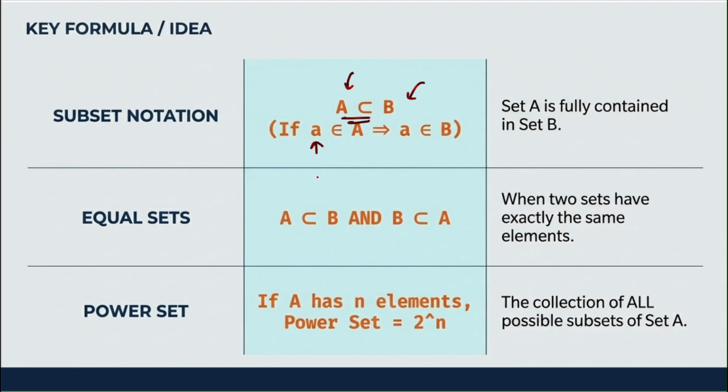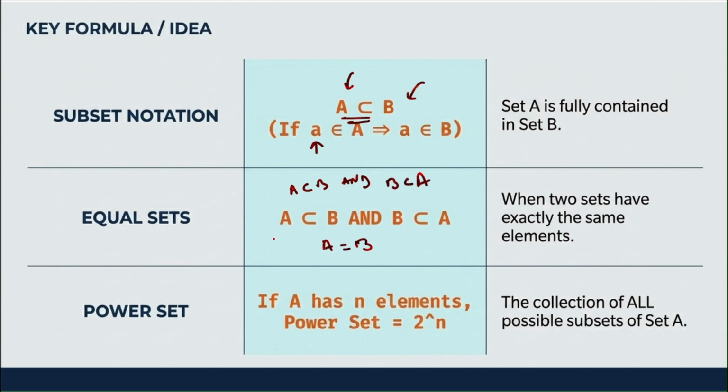Now, when we extend this idea in the reverse manner, if A is a subset of B and also B is a subset of A, then in that case, we are saying that A and B are equal. Think logically that in both ways we define the grouping.